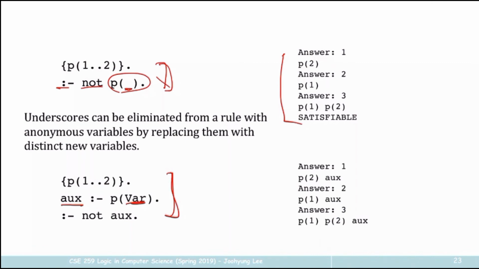So Clingo returns this program using the aux, but if you forget about aux, the solution is the same as before. Maybe this is too technical, so you don't have to know too much about it. But basically, if you don't care about the name of the variable, you can just use the underscore. That's it.